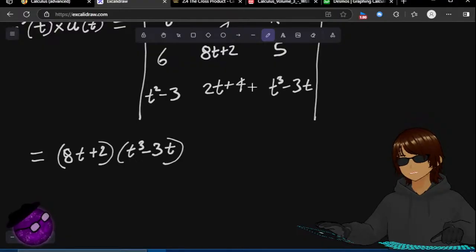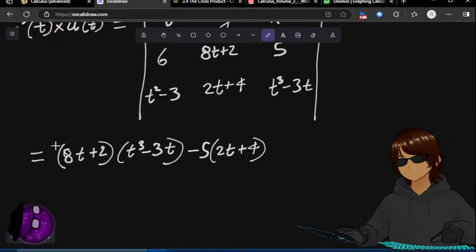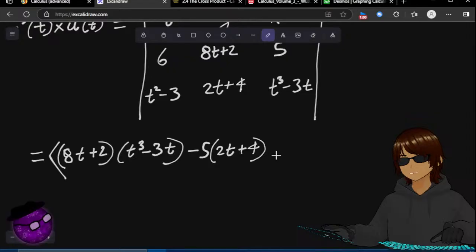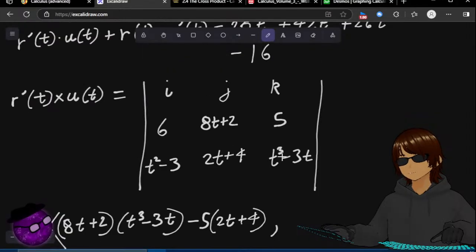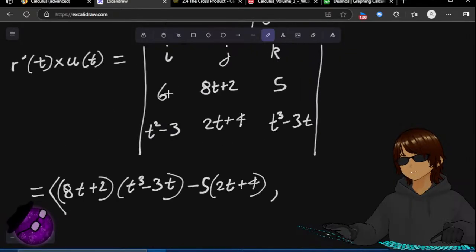This times this minus this times this, minus 5. Yeah. And then for j, we start with minus this times this minus this times this, but the sign is flipped.